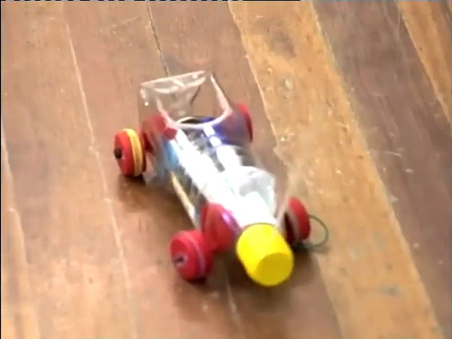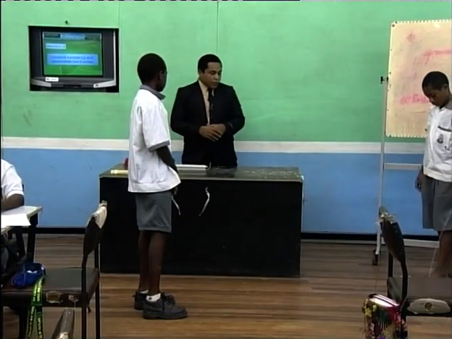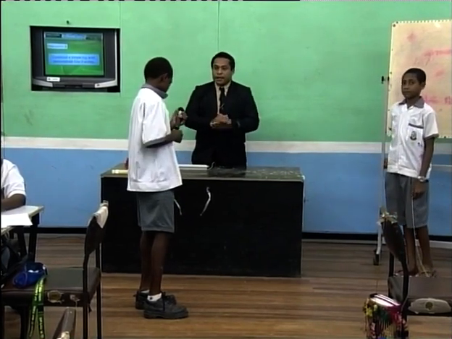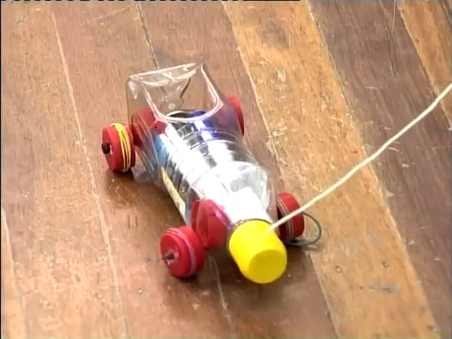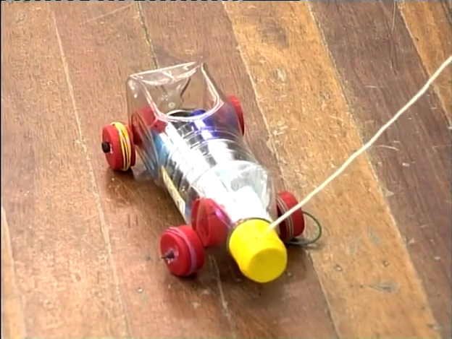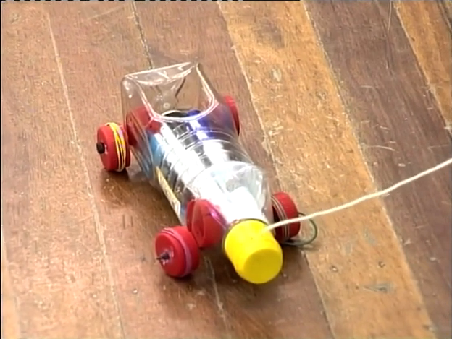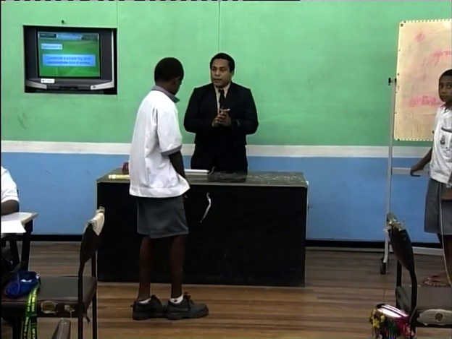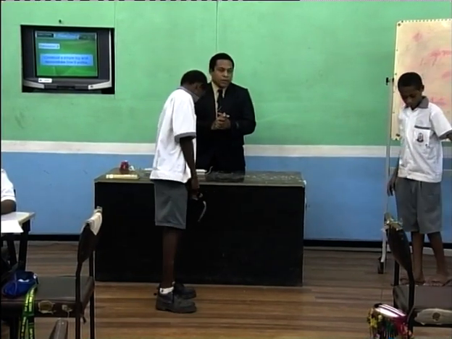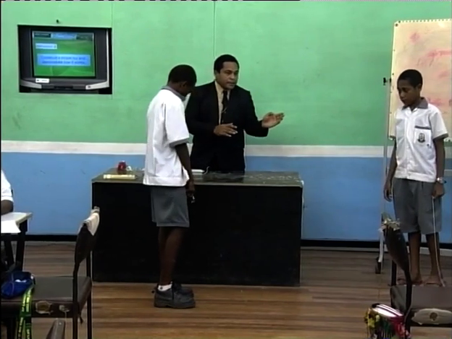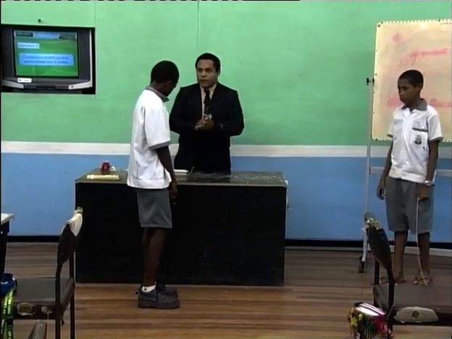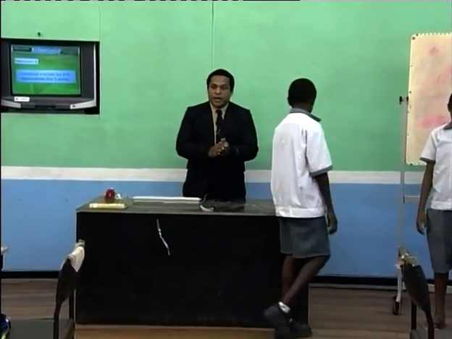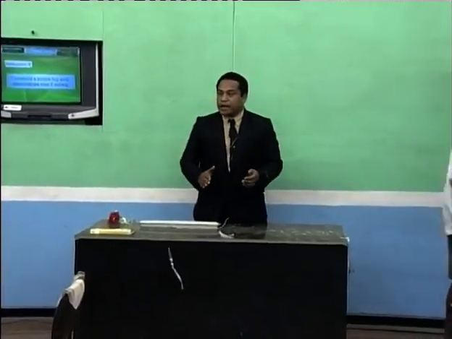So, Emmanuel's group have constructed a simple toy car. And receiving students and 6C, how did the toy car work? By pulling it, okay? Very good. Thank you, Emmanuel and Joe, for coming up to the front and demonstrating to the receiving students and 6C. Give them 3 big claps.